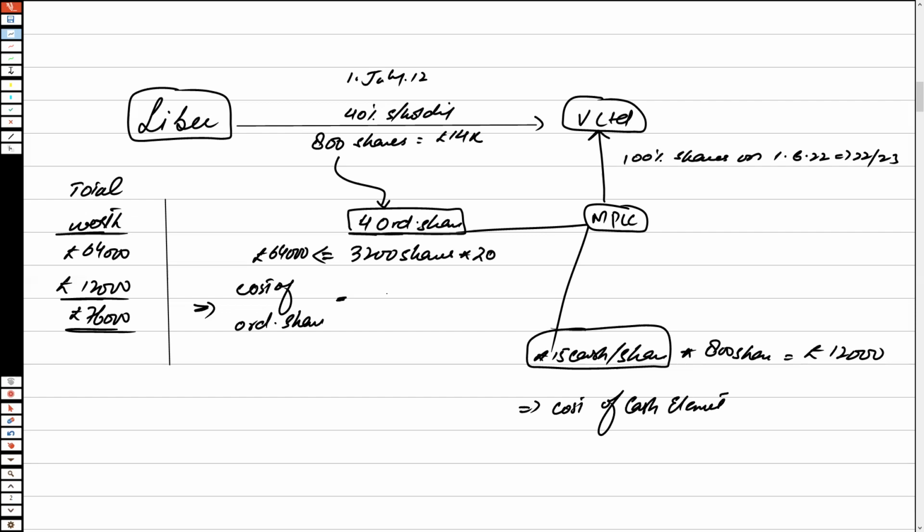Cost of the ordinary share will be calculated by taking the worth of the ordinary shares, 64,000, divided by total worth of 76,000, multiplied by original investment. Originally, LIBOR invested 14,000 for purchasing V Limited shares. Which value is calculated?